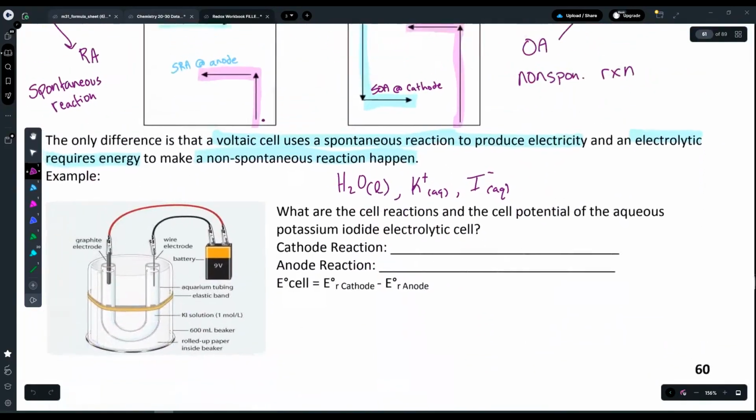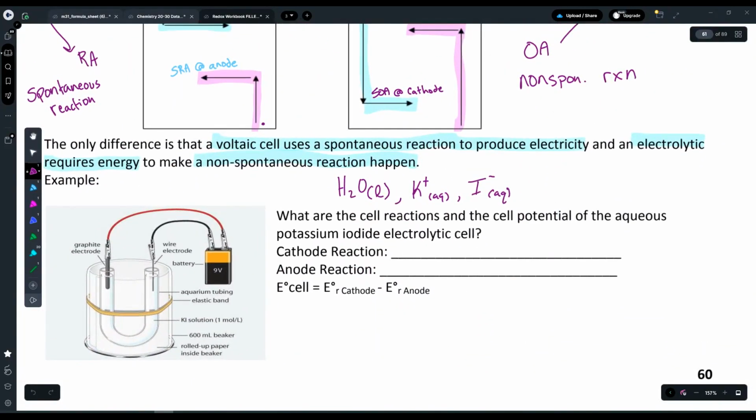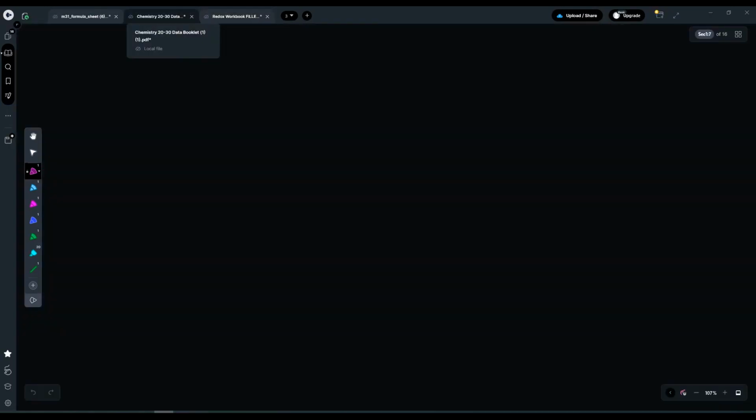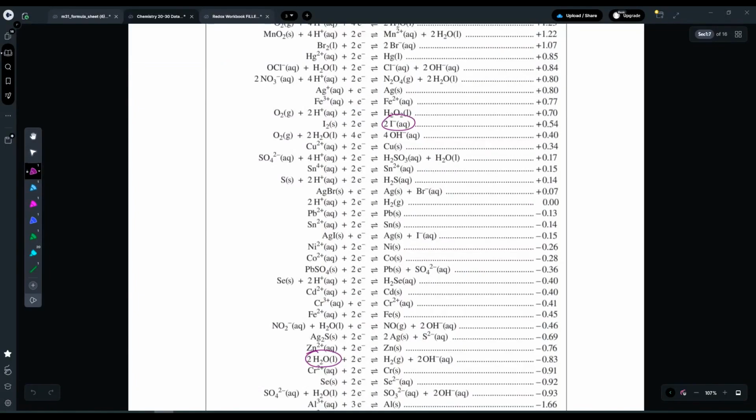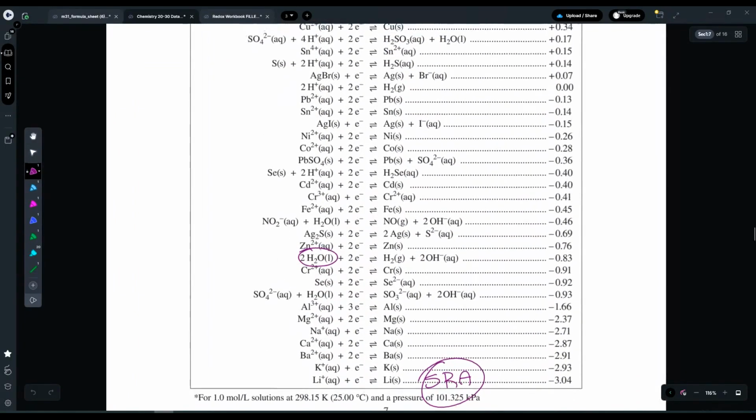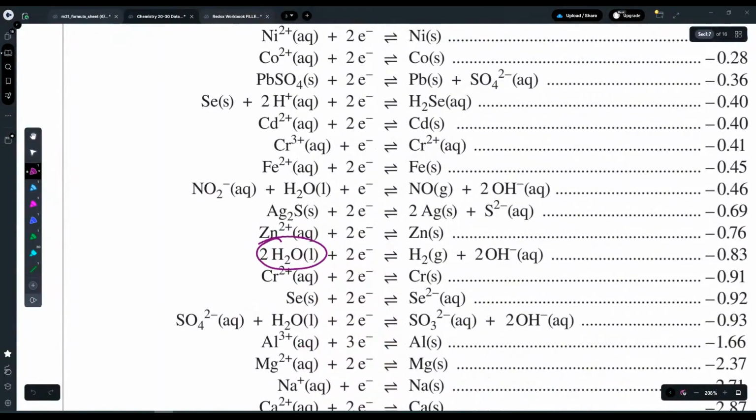Okay, so let's write out these reactions. Remember, red cat gets fat. Reduction happens at the cathode. So the oxidizing agent helps other things to get oxidized, but it itself undergoes reduction there. So that means I'm going to be writing this reaction for the cathode reaction.